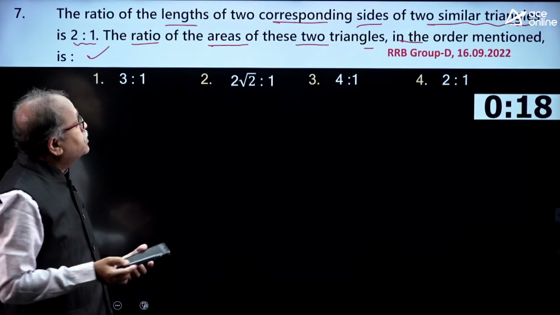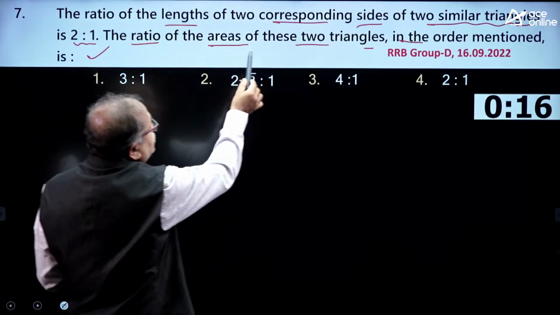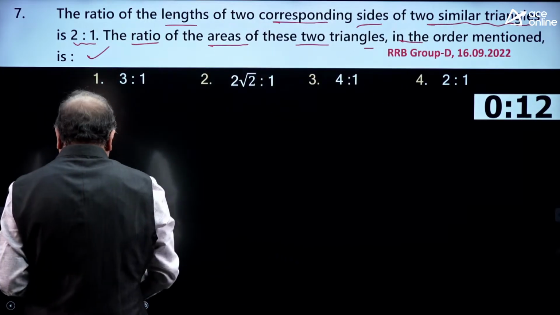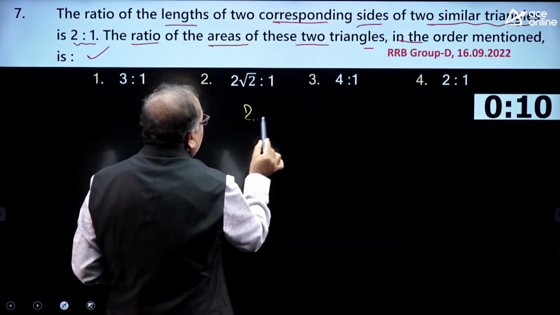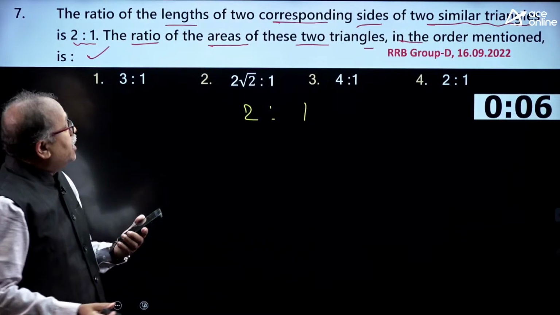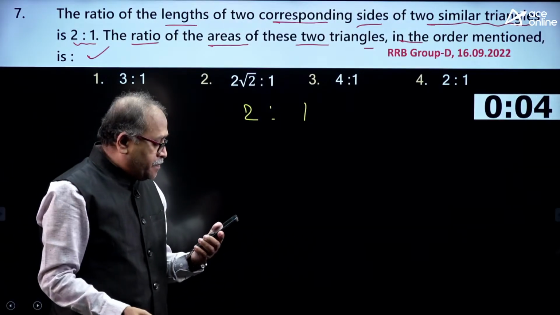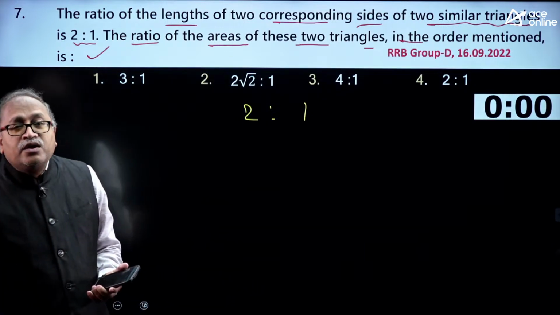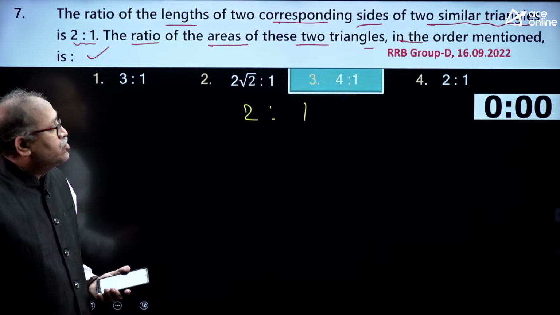Answer the question. Similar triangles. Look at this one, the similar triangles. Corresponding side ratio is given to us, that is 2:1. And option C, that's 4:1. So I am sure you know the property.